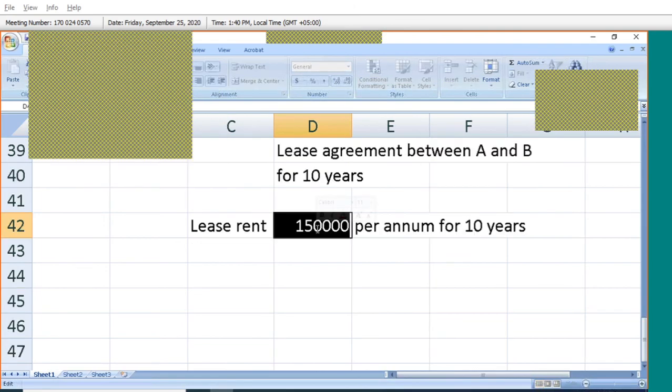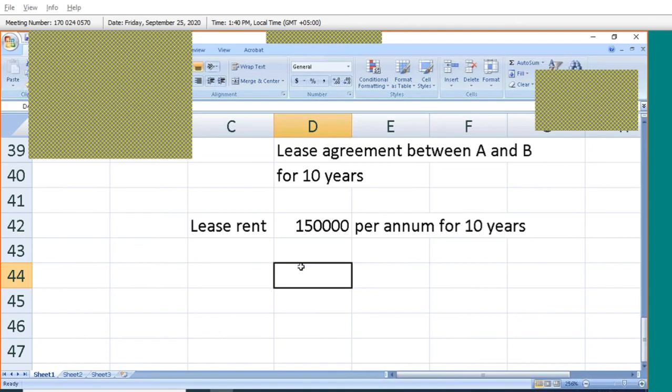So as per you, generally what will we do? Every year in the P&L account of B, under expenses, he will debit rent 1,50,000 rupees.